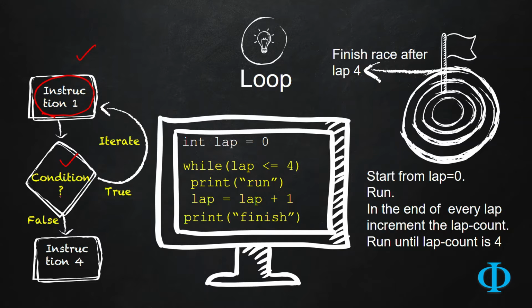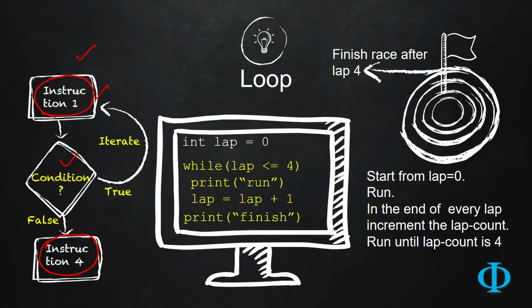If the condition is true, then this instruction is being executed, and it will be executed until the condition holds true. And whenever the condition is false, then it comes out of the loop, and then this piece of instruction will be executed.